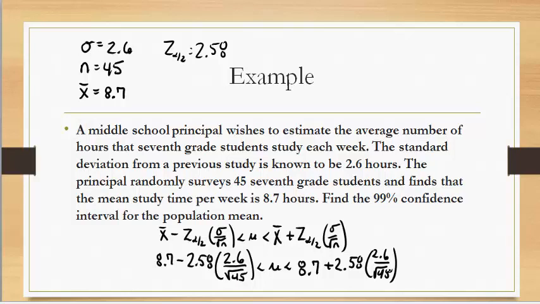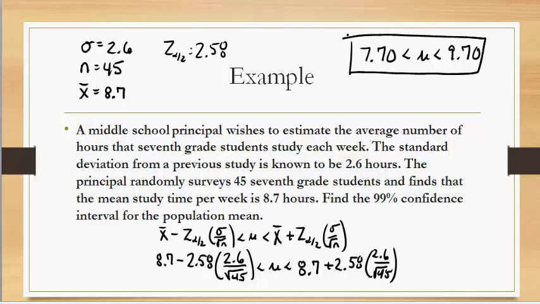Alright, so I am getting, rounded to 2 decimal places, 7.70 for the smaller value, and for the larger value 9.6999, so that would be 9.70, and that would be my answer.